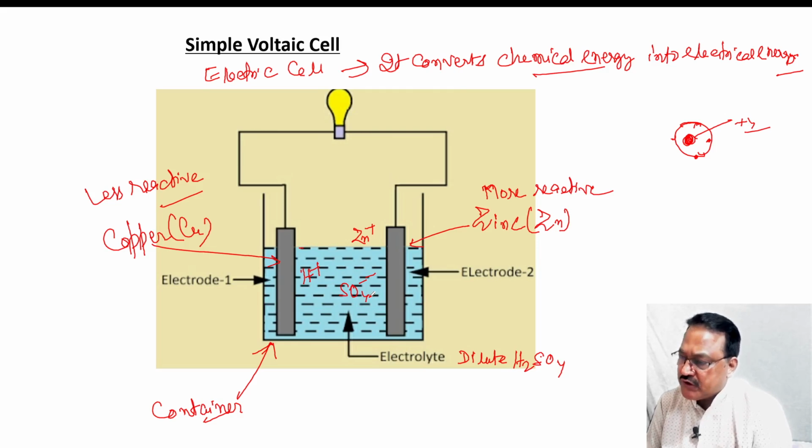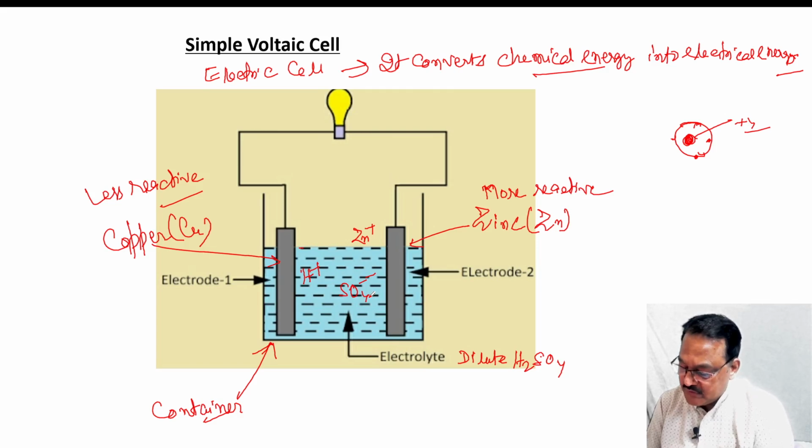Then it causes the electrons to be removed from this plate. Electrons are being removed, and the positive hydrogen ions are getting deposited on this copper plate. Fine.